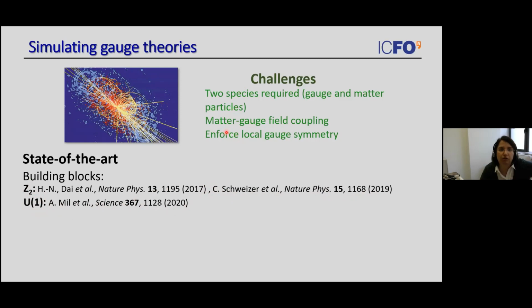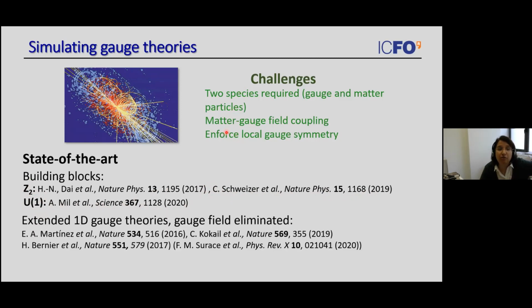Can you go beyond? The ion people did, actually. They did something really smart. They wanted to simulate an extended 1D gauge theory, the so-called Schwinger model. And what they did is that instead of simulating gauge and matter, they eliminated the gauge field using the local symmetry constraint. Then they get a model only for matter, which you would say is easier to make in the lab.